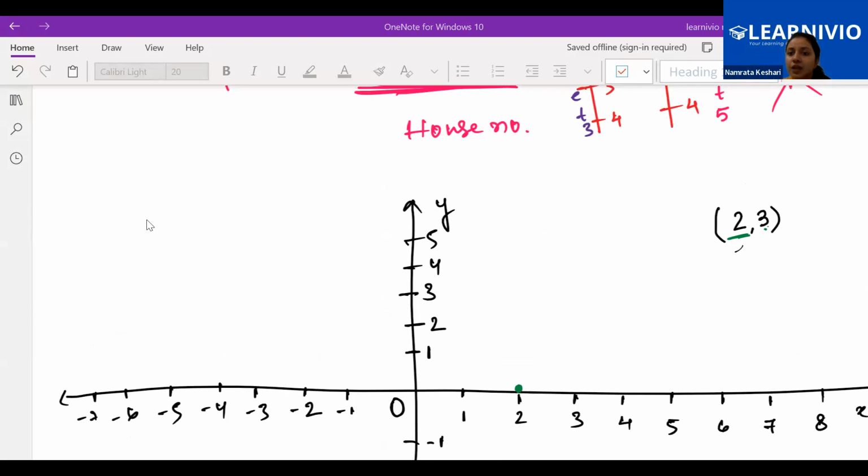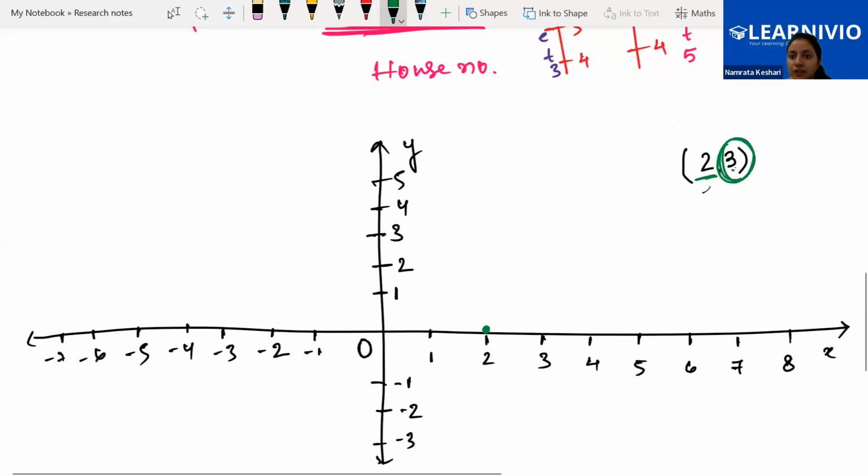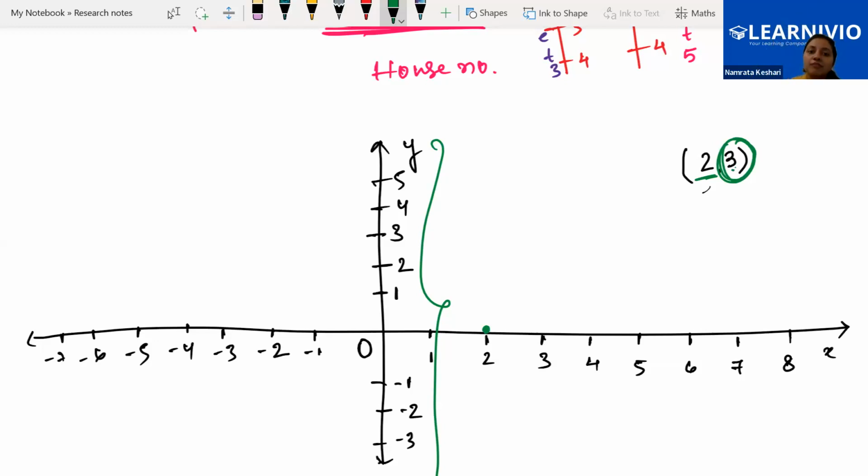I am asking whether this positive 3 on the y-axis will be upside or downside. Since it is a positive 3, obviously it will be upside, because we have written all the positive numbers over here. Can you see all the positive numbers upside we have maintained? All the negative numbers we have maintained downside.